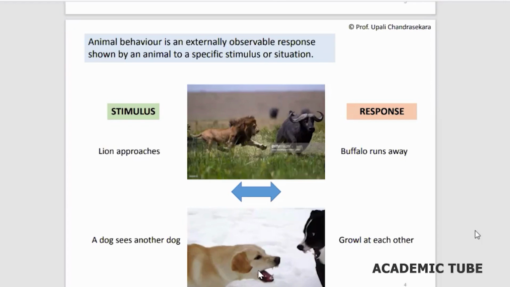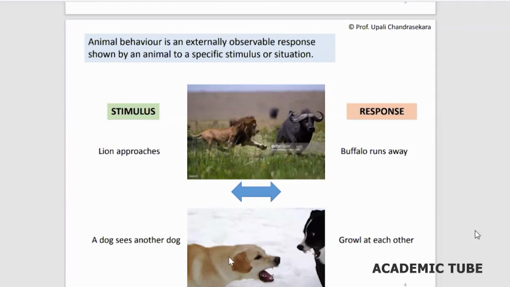And example number 2, when two dogs meet, you very often have seen this. When two stranger dogs meet, what they do is that they gaze at each other and then sneer at each other, like that. That's what they do. So each dog serves as the stimulus to the other one. Now, the black one is the stimulus to the white one.